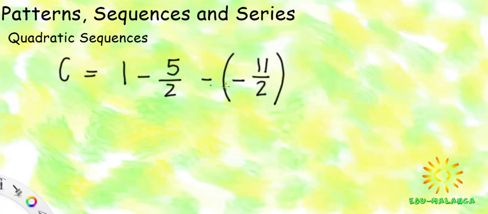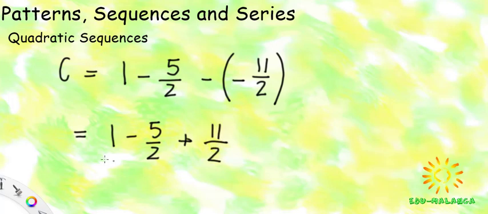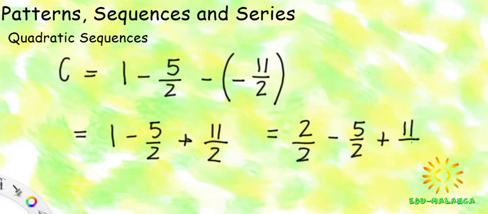These two negative signs are going to turn into a positive sign, which you will then have as 1 minus 5 over 2 plus 11 over 2. Let's turn this 1 into a fraction with a denominator of 2. We're going to have 2 over 2 minus 5 over 2 plus 11 over 2.